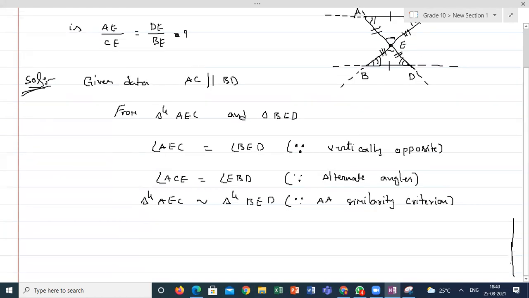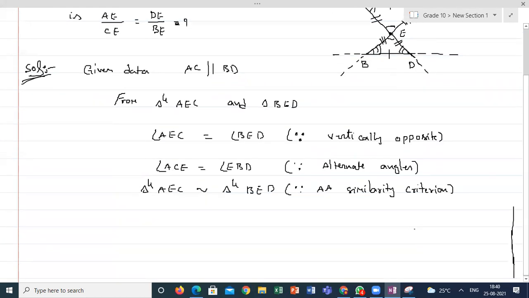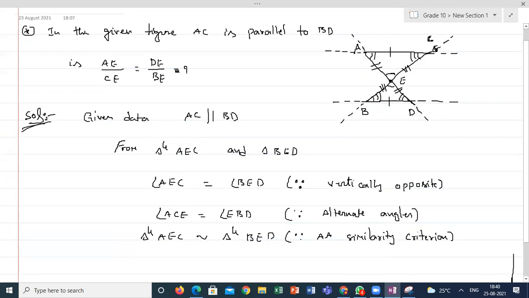So now I can write the corresponding sides ratio. AE is corresponding to BE, because the AE opposite angle is this one.